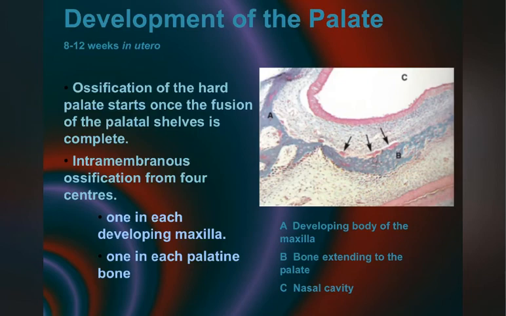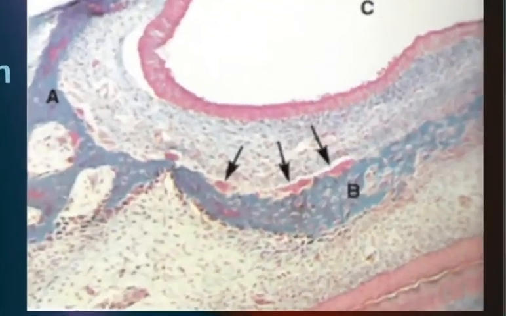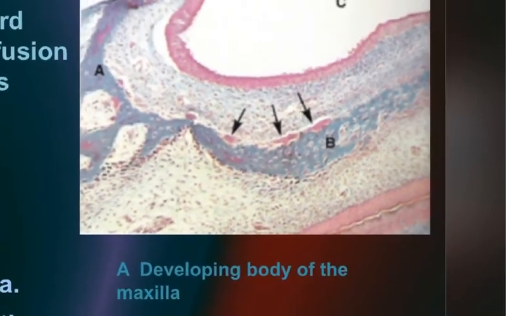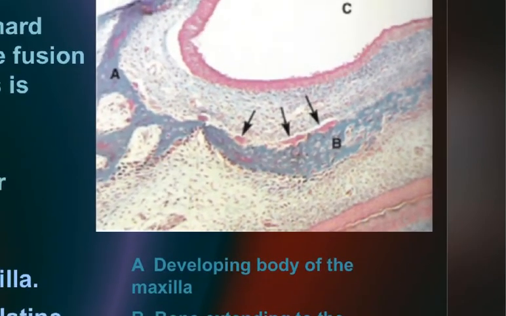I want you to notice the arrows here pointing at large cells on this surface of the bone. And look at the other side, we have small cells. On this side we have osteoclasts.